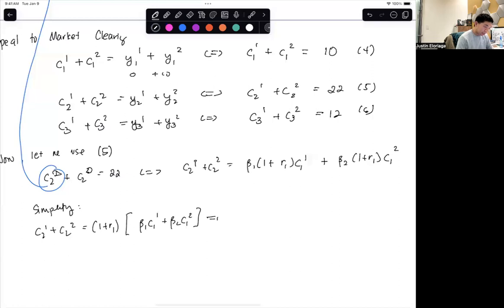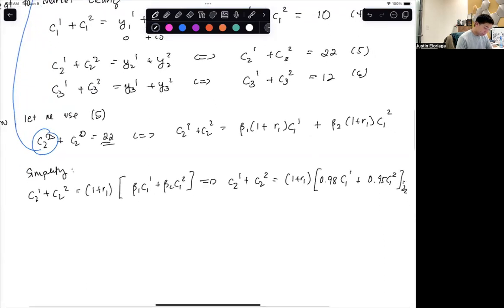And that implies further that C21 plus C22 is 1 plus R1 times beta 1, which is 0.98, C11 plus beta 2, which is 0.95, C12. I also know that that in fact is equal to 22. So from here, rearrange.